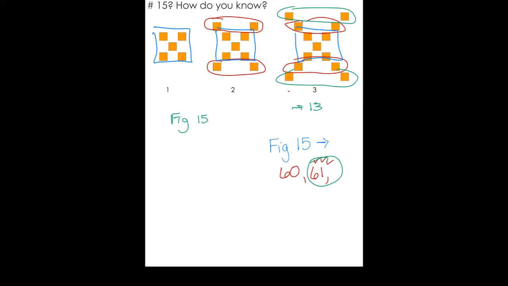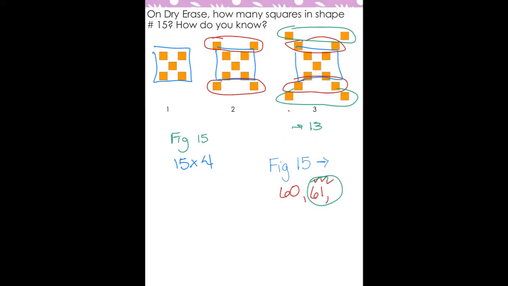So for figure 15, you're adding 15 squares. So I multiply 15 by 4, and then the square in the middle is 61. 15 times 4. So you're not, okay, I did this incorrectly according to what you said. You're talking about the one single square in the middle, right?